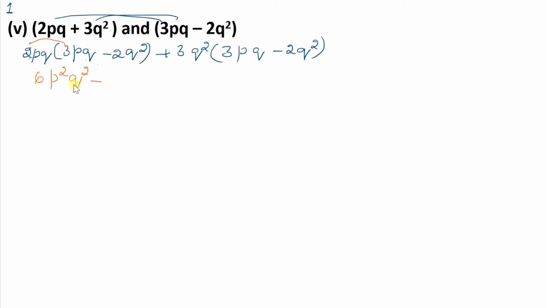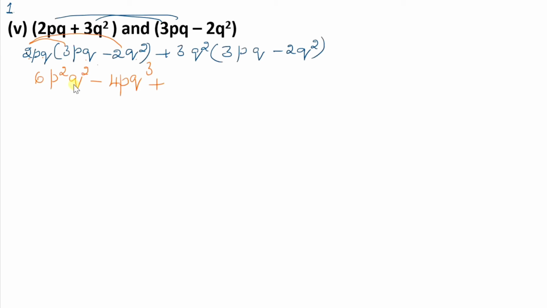Minus this 2pq into 2q square you have to multiply. The product of coefficients is 2 2s are 4, p, q into q square is q cube.